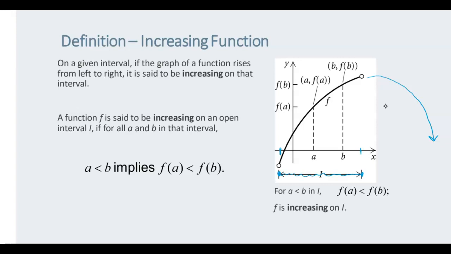So if we choose any point in that interval, let's call it point A, right here, and if A is less than B, these are the x values that we're choosing, f of A, the y coordinate that's associated when we plug A into the function, versus f of B, where we're taking that number B and plugging it into the function, figuring out what its y value is.